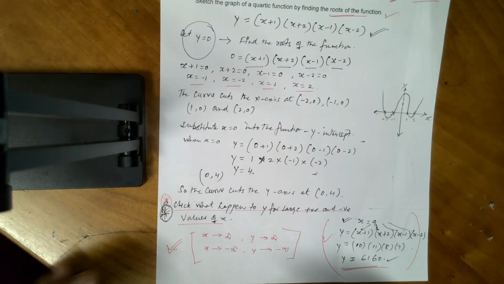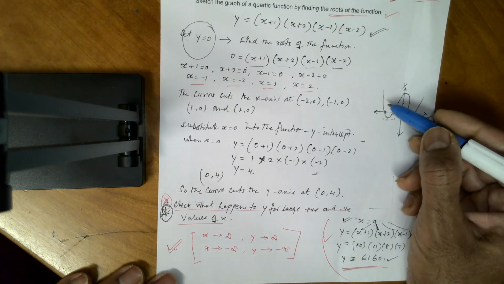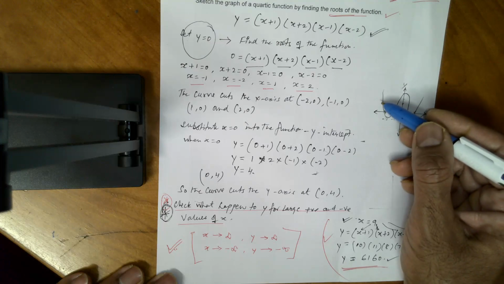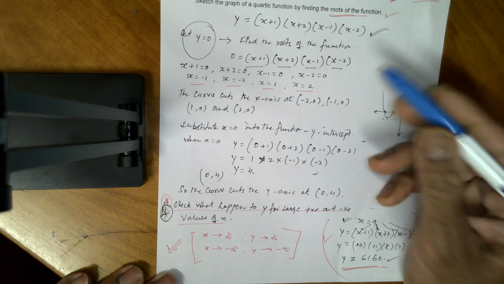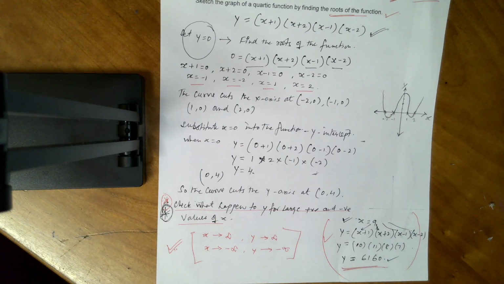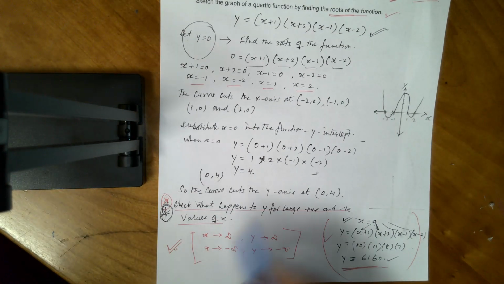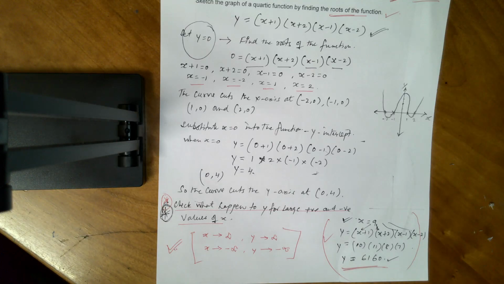Based on that, you get this part, where the graph leads to. That's why it is important, so that you can do that in the exam as well. Okay, I hope I make it understandable. So let's move on to the next example.